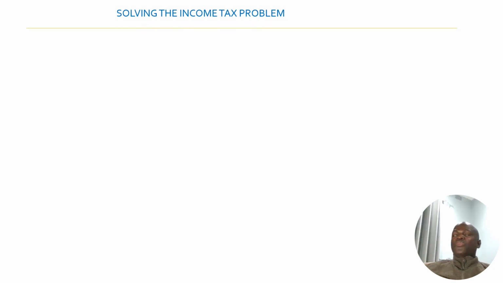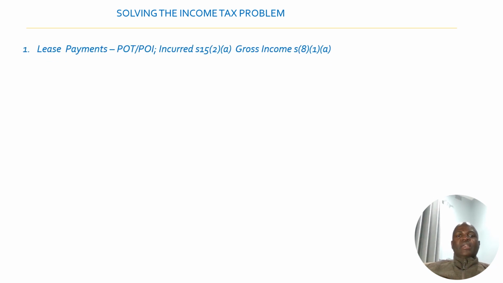So let's look at solving an income tax type problem. With an income tax type problem where there's a lease, first is to check what the lease payments are about. There, if you are the lessee, as you pay these lease payments for the right to use the asset, is it for the purposes of trade? Because if it is not, then you cannot get a deduction.